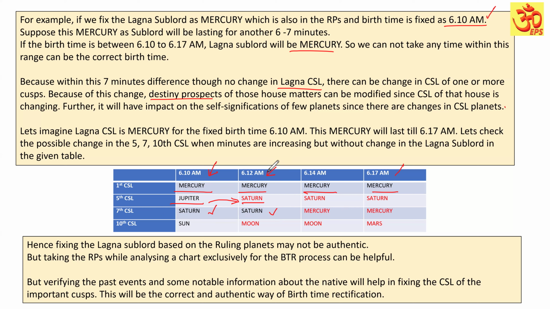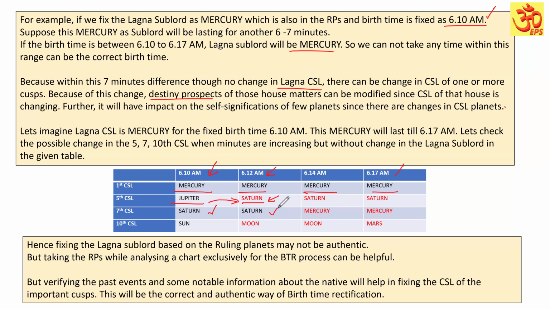So for the 6:12 a.m. person, destiny will be decided by Saturn for marriage and child prospects, progeny prospects. Whereas for the 6:10 a.m. person, Jupiter is going to decide. So they will also be key planets, favorable or mixed key planets, when that sublord changes. It will have an impact on the dasa periods, right?